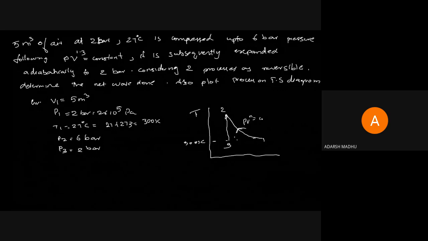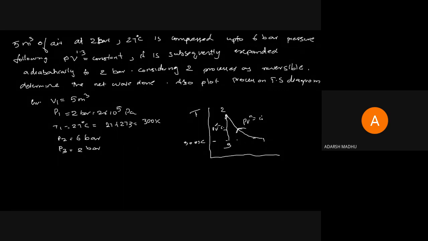This is the adiabatic process, PV raised to gamma equal to constant. Here PV raised to n equal to constant for the polytropic process. This is a simple figure for the given question. We can compute the net heat transfer for this question in the next class.